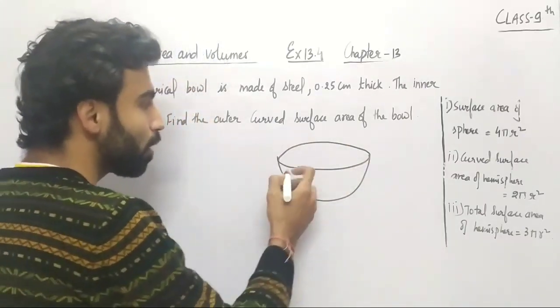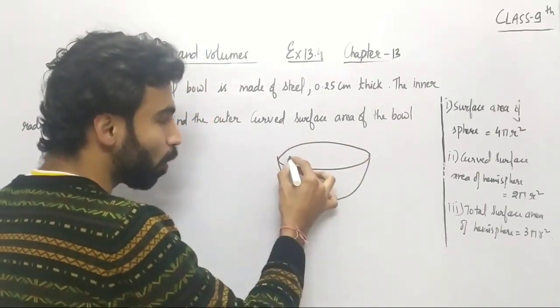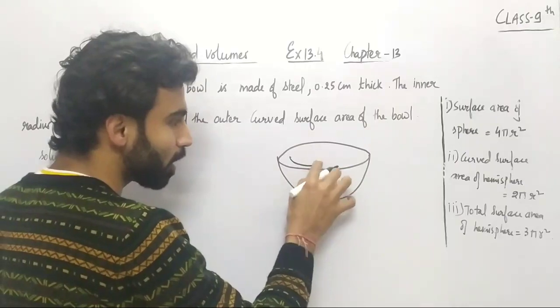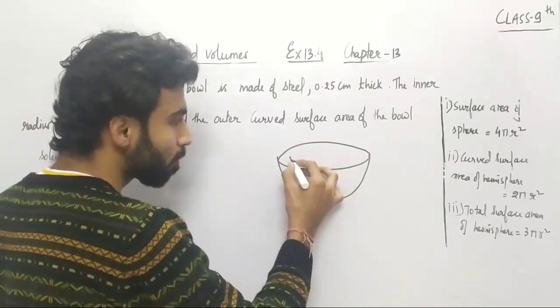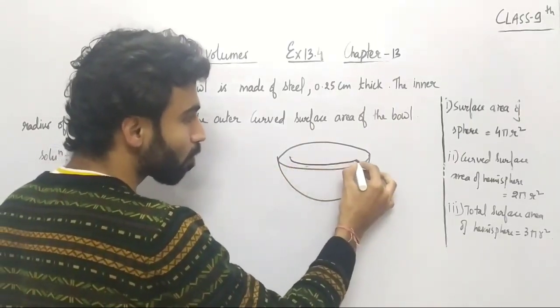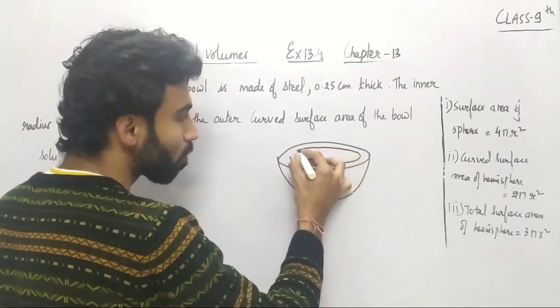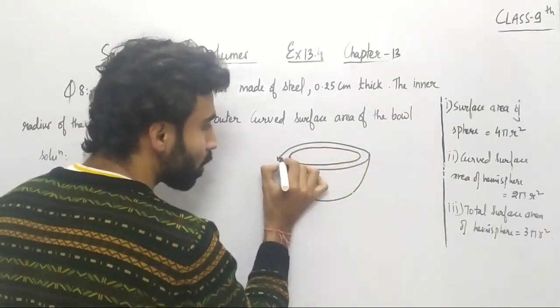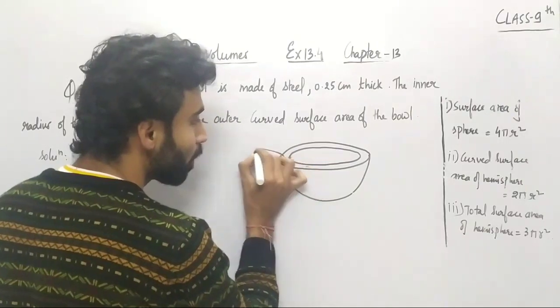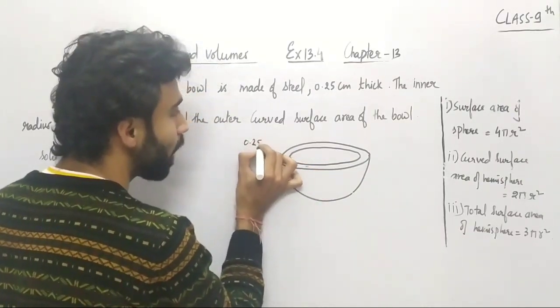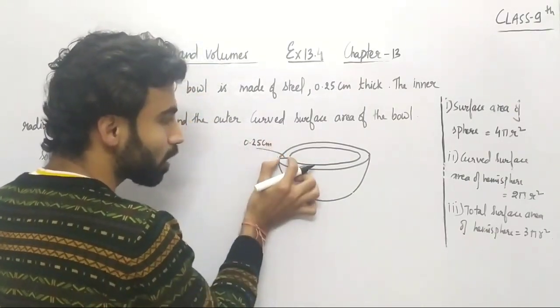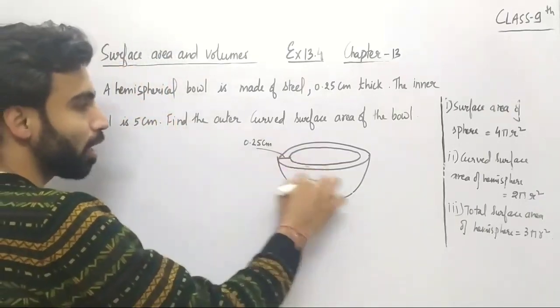Now let me just tell you there is a thickness of 0.25, right? So let me first make the thickness. Right? So आप देख सकते हैं यहाँ पे ये जो है thickness है of, you can see 0.25 centimeters, right? So this is the thickness of this bowl which is made of steel.